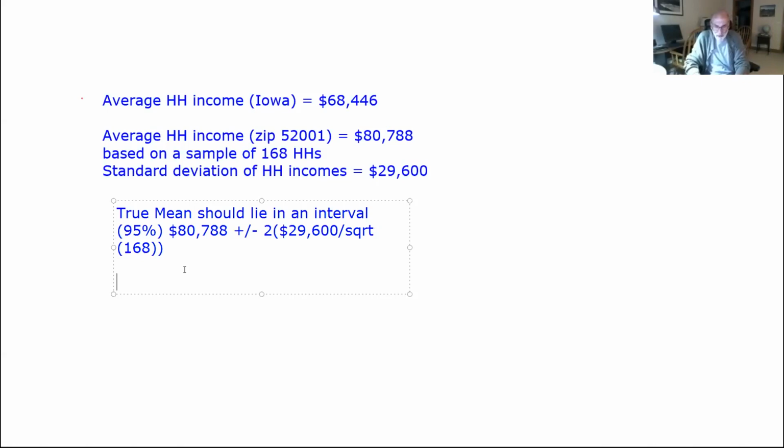When you do this calculation, it'll end up being approximately 76,218 to 85,354. So that's the approximate range for this 95% confidence interval.